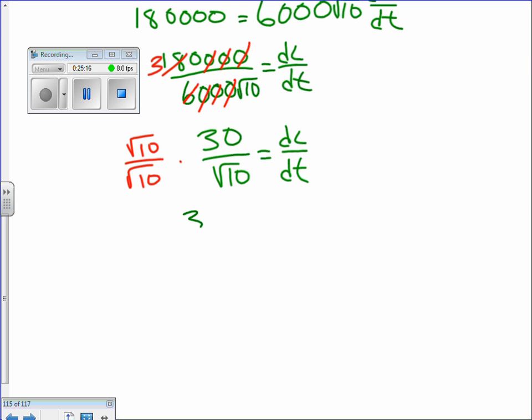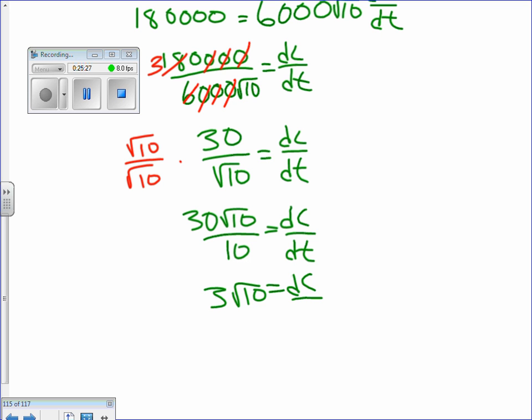We would end up with 30 square root of 10 over 10, and this would become 3 square root of 10, which is the most simplified version, even better than what was on the answer key I had up in class.